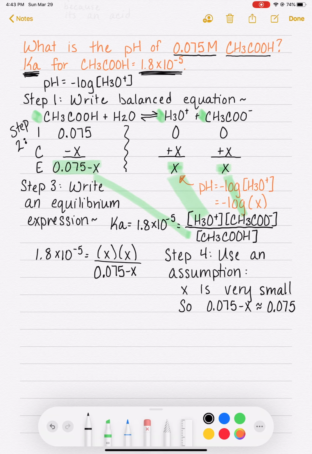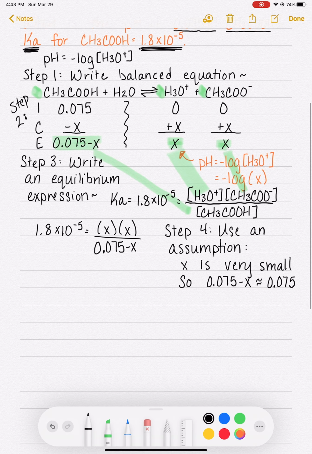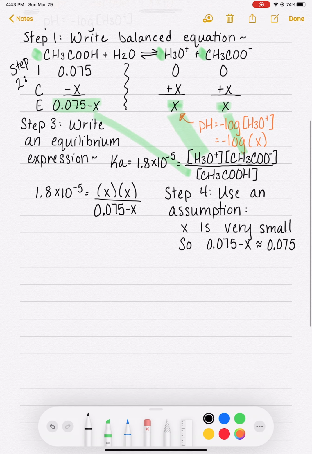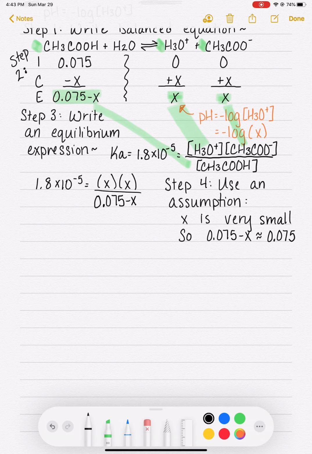Now that might be blowing your mind a little bit, but trust me, let's move forward, and then we're going to come back once we solve for X and see how valid this assumption actually is. So we're going to make the assumption that X is really small, and when we make that assumption, our equilibrium expression gets much easier to solve.